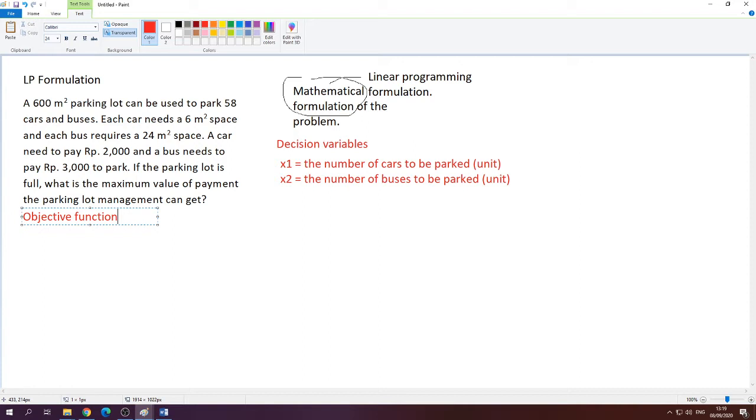So we're going to get income from the cars and buses that park in the parking lot. Since we get money, we want to have the amount of money that we get be as much as possible. So it should be a maximization problem.